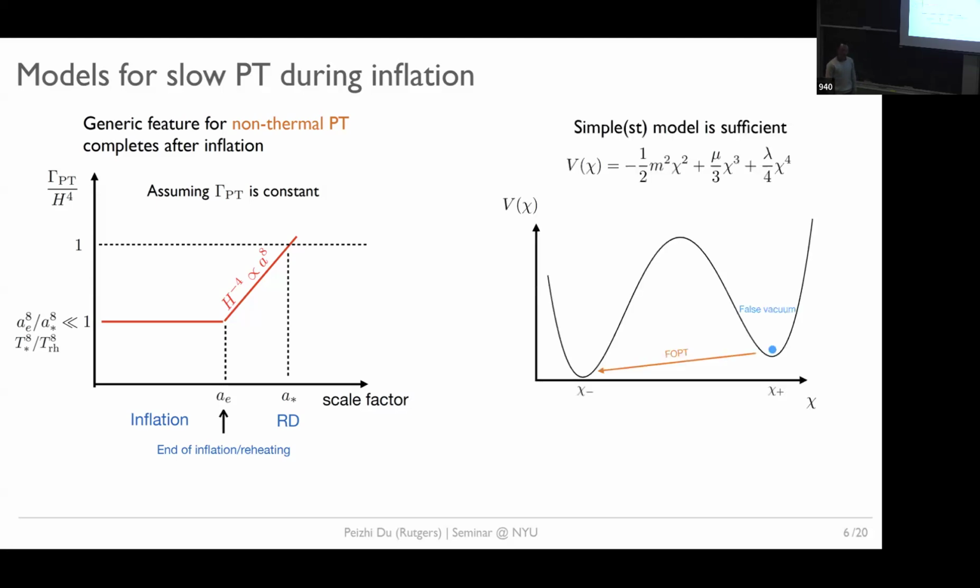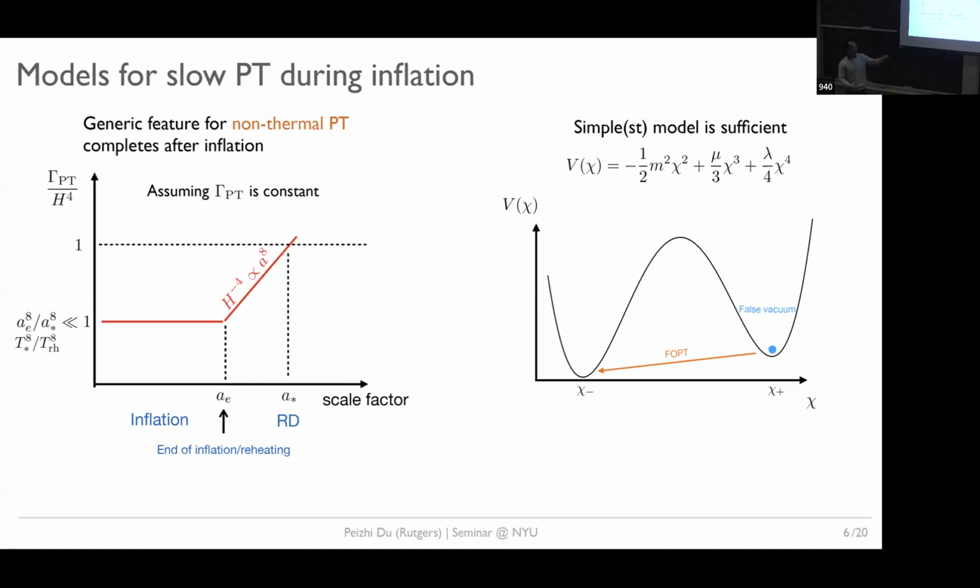Okay, then what are the models? I want to say that you don't need very fancy or exotic models. Maybe the simple model, or even the simplest model we first considered when we studied phase transitions, is sufficient to generate this kind of signal. Here I showed a tree-level Lagrangian for the scalar field.